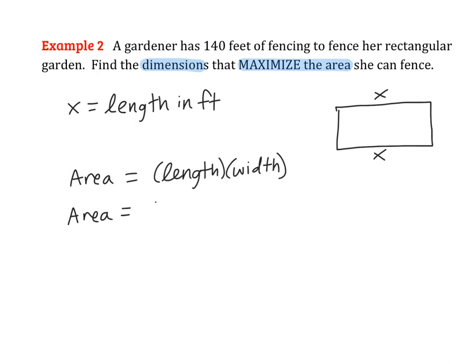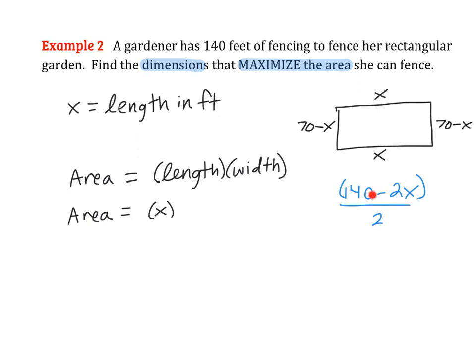So we can say area equals x, but we need to find some way of describing the width in terms of x as well. So if I had 140 feet of fencing to start with, I've already used up x here and x here, so I'm going to subtract 2x, leaving me with the rest of the fence that I have, which then I need to split up into 2 equal parts. So then I have to divide that by 2. So one way you can describe each individual width would be 70 minus x.